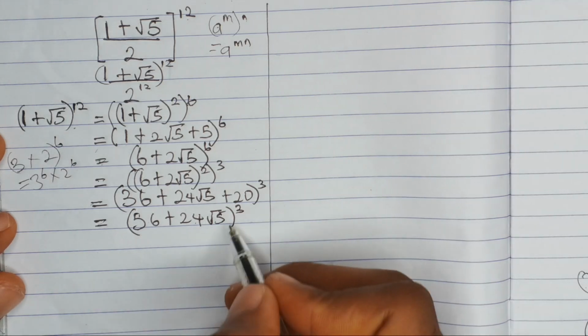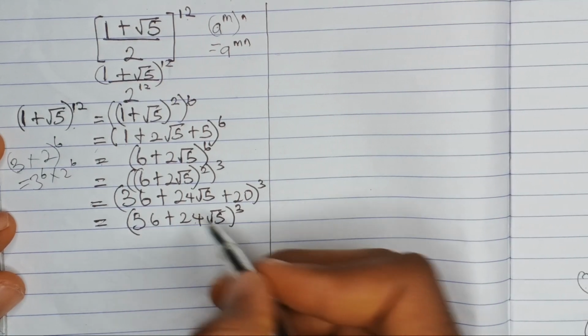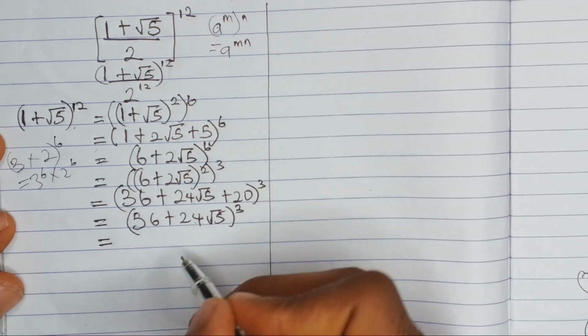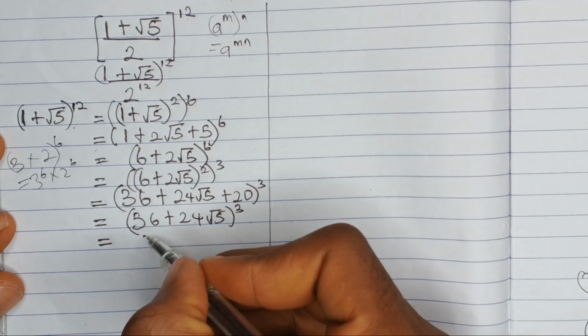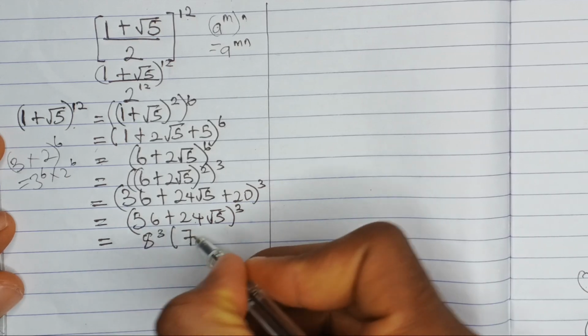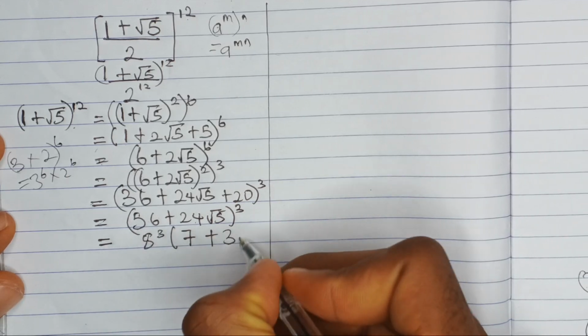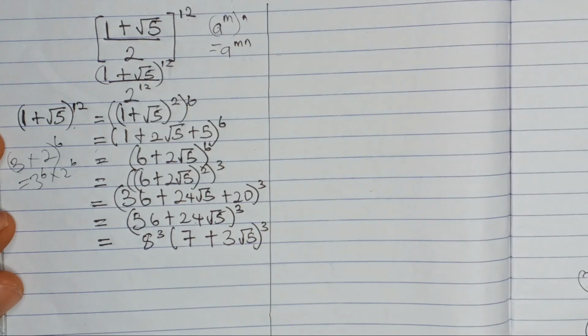Hence, all these things are raised to the power of 3, so this is 56 raised to power 3, 24 raised to power 3. If you factor out 8, 8 will also carry the power 3. So what I am left with is 7 plus 3 root 5 all to the power of 3, just like this.